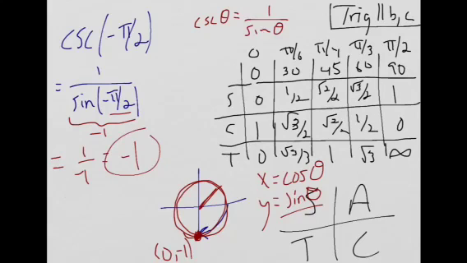Now you may say to yourself, how does that involve all of this stuff here? Well, notice the places where sine is positive, quadrant 2 and quadrant 1. Sine is negative in this quadrant and this quadrant. And you may say, what quadrant does that count as?